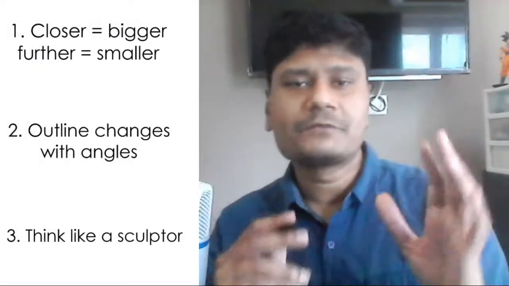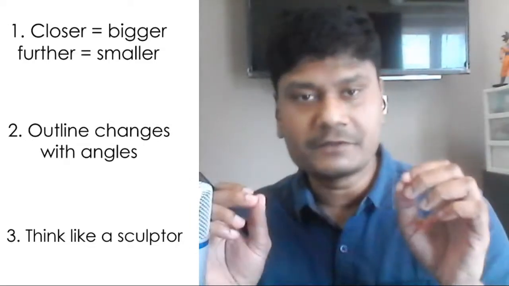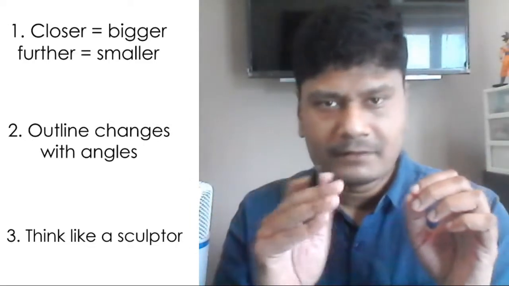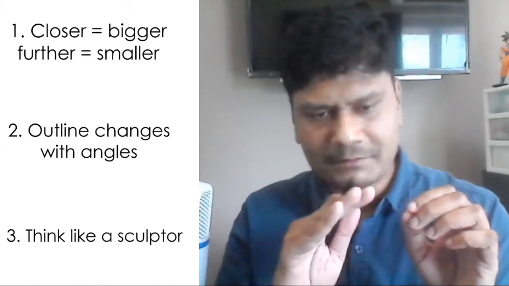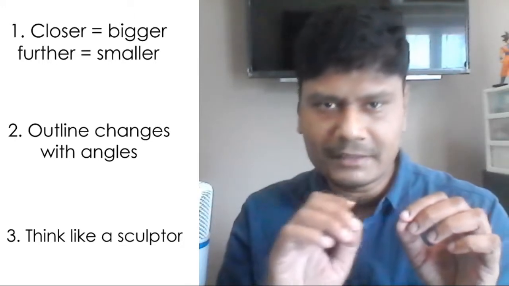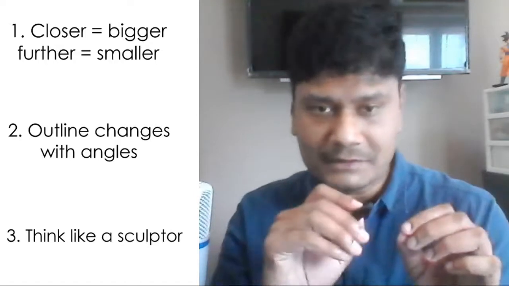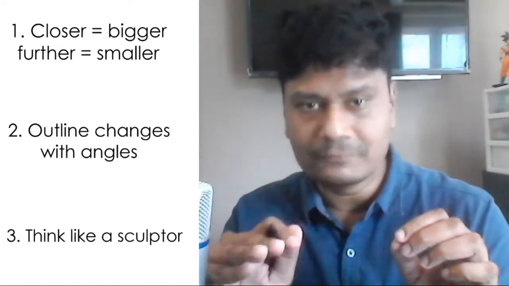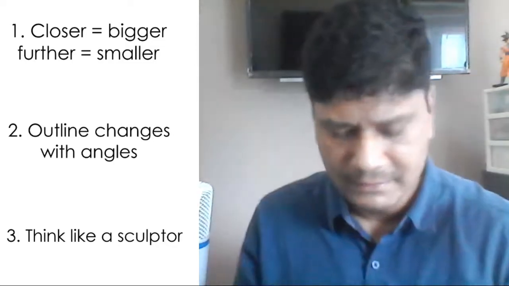Also, whenever I'm drawing these shapes, these reference lines, another thing that I'll cover in the video on how to draw is that when I'm drawing something, I feel like, and that's why I say think like a sculptor, I'm actually running my hands over the surface of that object, right? Like so.